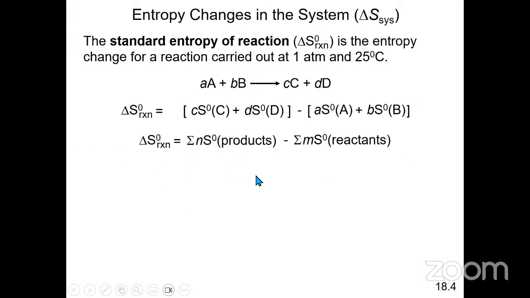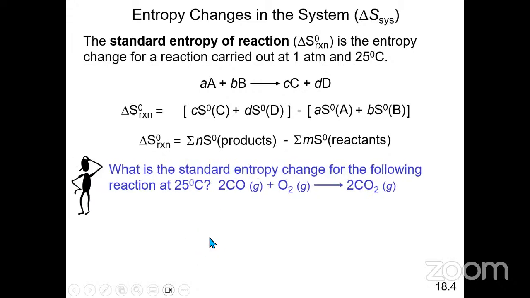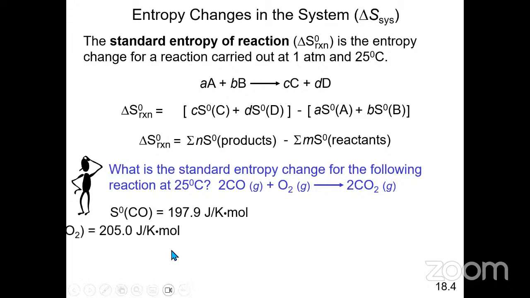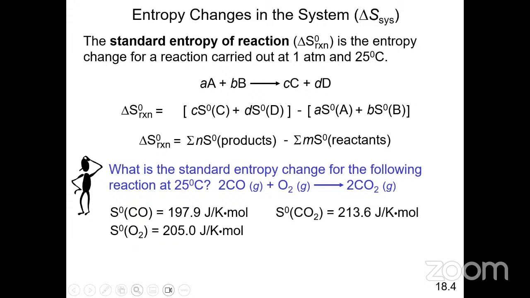So to summarize, it's the sum of the entropy of the products minus the sum of the entropy of the reactants. For example, let's say you're given this equation and asked to determine the entropy change for that reaction. You would look up the entropy values for the different substances, which are given right here, and plug them into this equation.